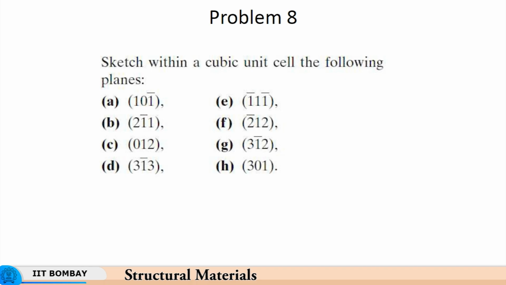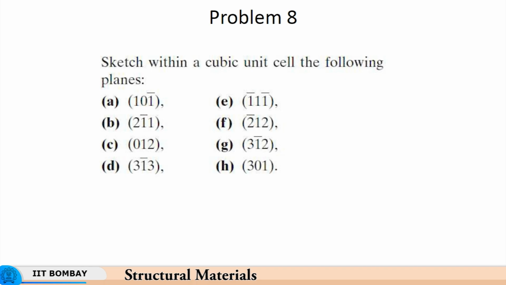Similarly for plane D, it is 1/3, -1 and 1/3. So you can sketch a cube, identify an origin, plot these points at the appropriate coordinates with respect to that origin, and then join the 3 points together to get the plane.